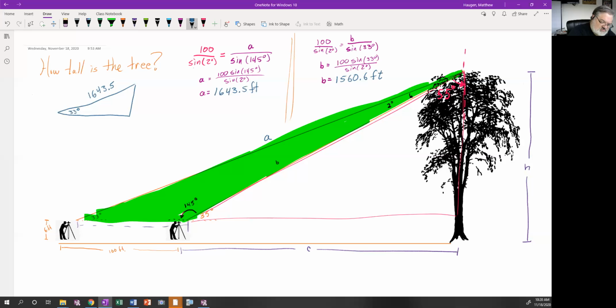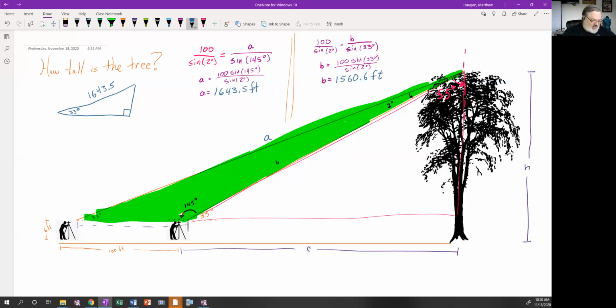What kind of triangle is this big triangle? It's a right triangle, right? If it's a right triangle, we don't need law of sines or law of cosines. Our basic trig functions can handle right triangles, right? So we don't need the big guns. Law of sines and law of cosines are adaptations to non-right triangles.